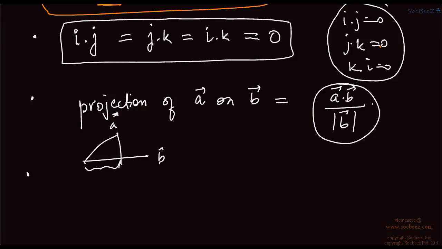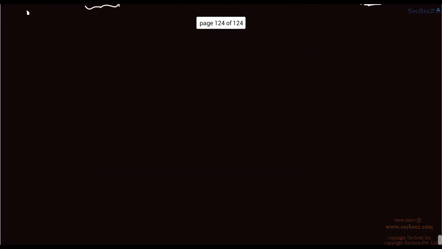The value of that is this. Okay, this can also be written as magnitude of A cos theta, where theta is the angle between A and B, because mod B will cancel out. Right? So this is one of the important things.